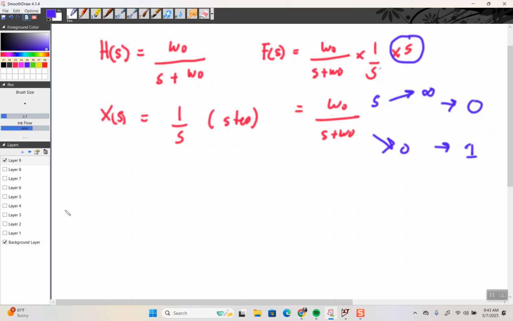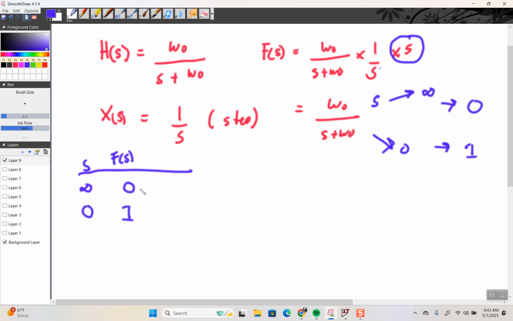So over here we have s goes to infinity, goes to 0. F of s at infinity is 0. F of s at 0 is 1, right?